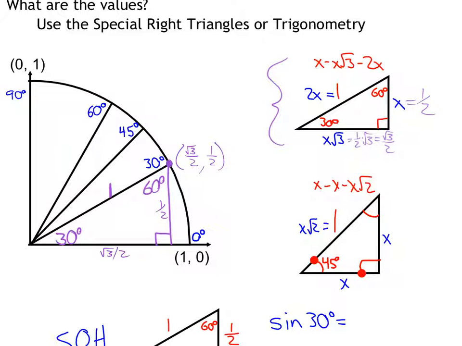Now, we could do the same thing with the 60, but think about it. If I did the same thing with the 60-degree angle, what would happen? It'd be the same coordinates, but just flipped. It would reverse them. My legs would just be switched, right? So if I drop this straight down, the 1/2 would be down here, and the root 3 over 2 would be that leg up there.